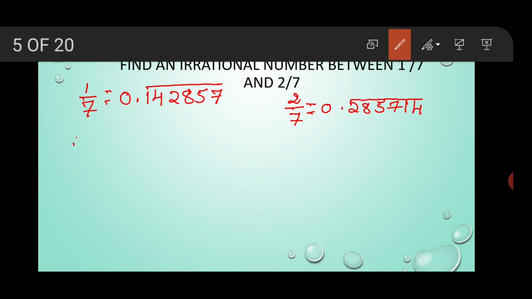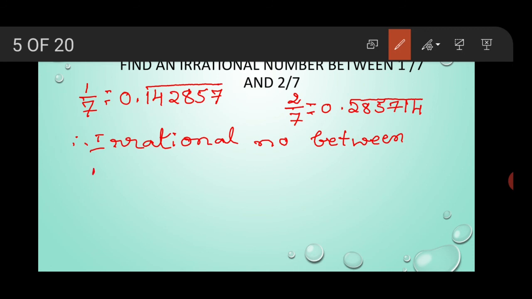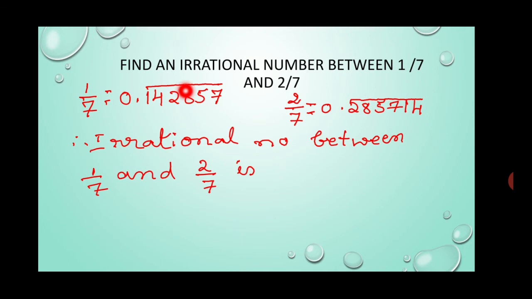So we have to find an irrational number between 1 by 7 and 2 by 7. We need only one irrational number. So it is non-repeating and non-terminating. You have to say a number that lies in between these two.